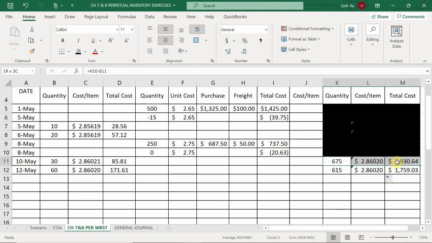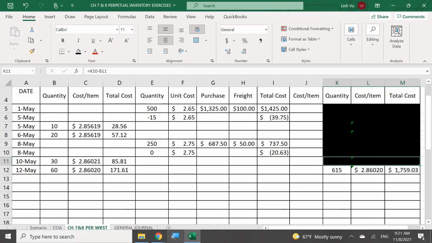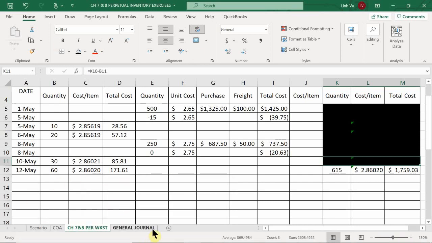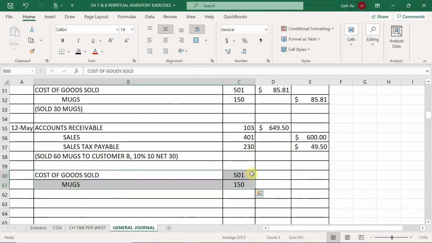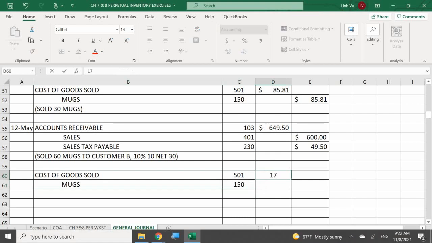If you expand it, it's different by a fraction of a penny. So there we have it. We sold a total of $171.61 worth of inventory. So therefore, the cost of goods sold is $171.61.